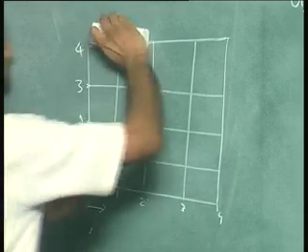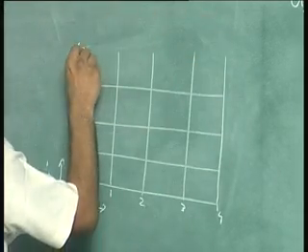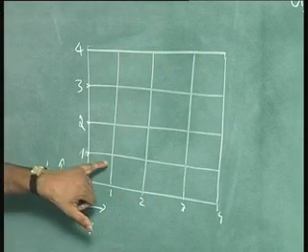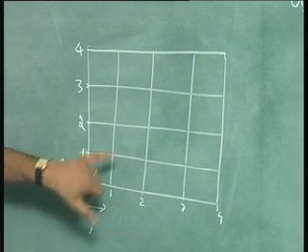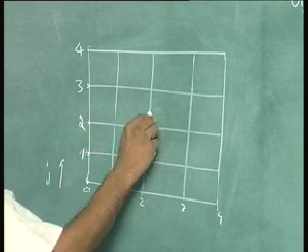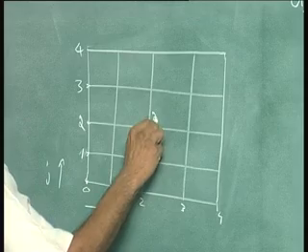Now we want to solve equations for every point on this grid. If I want to write the equation here, this point is 2 comma 2.